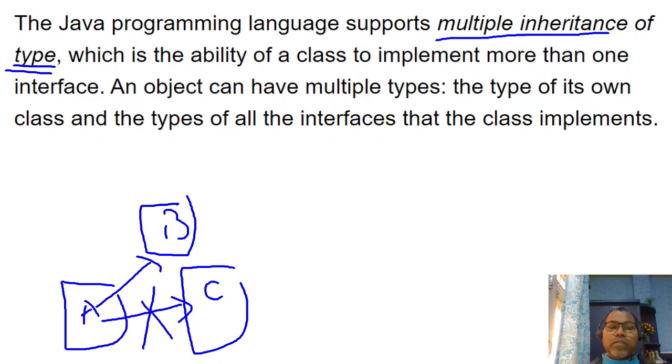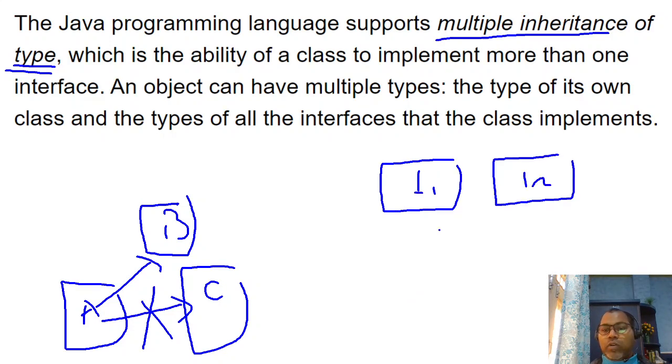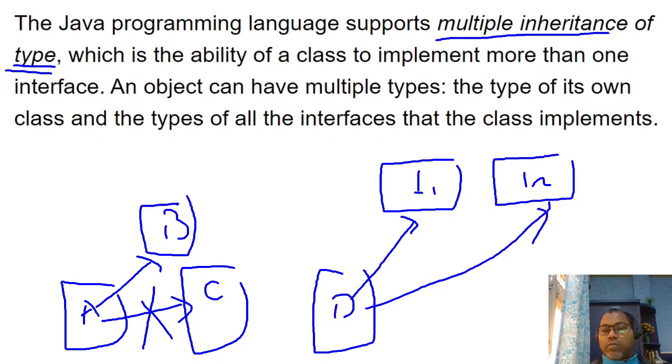Multiple inheritance of classes is not allowed. But if we have an interface I1 and an interface I2, a class D can implement one interface, and can also implement two interfaces. So interface types allow multiple inheritance, but class-level multiple inheritance is not allowed.